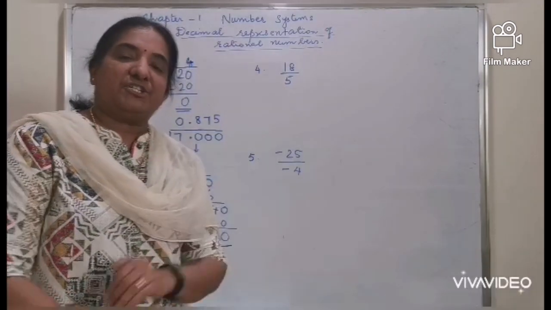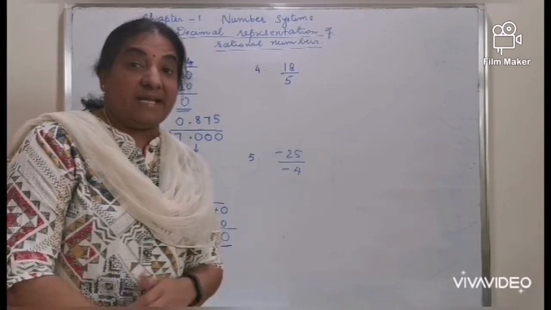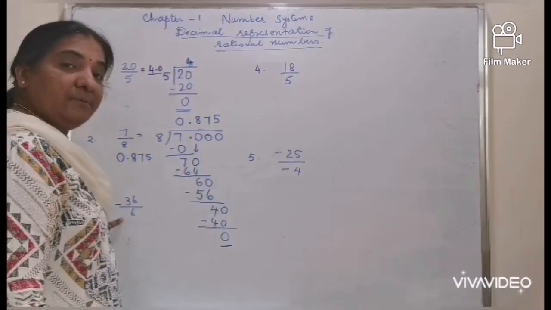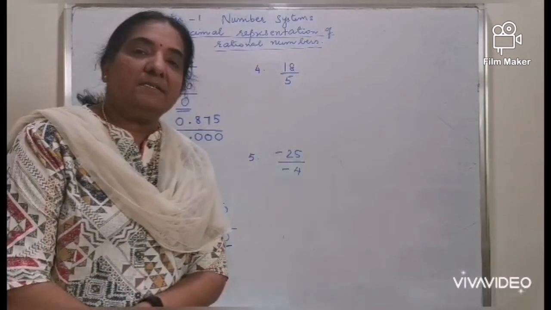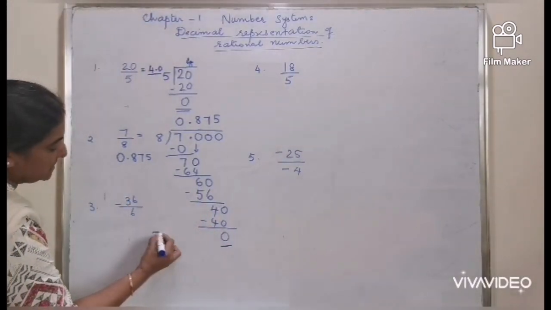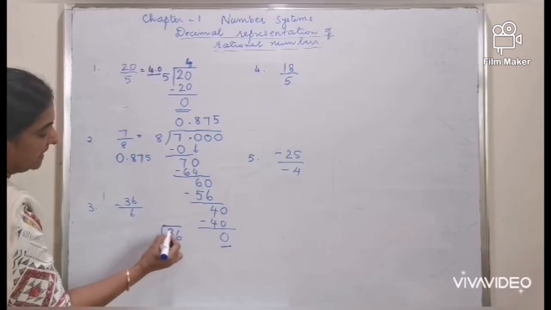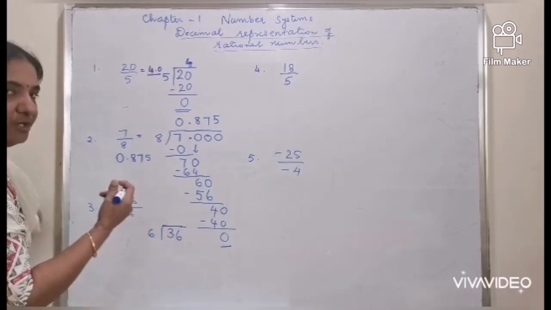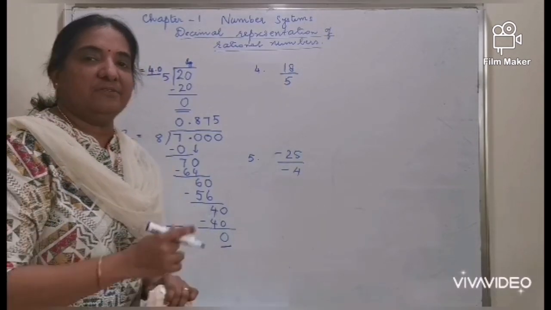In a fraction, the numerator and denominator will be only whole numbers, whereas in a rational number the numerator and denominator can take any integer too. When you look into minus 36 by 6, by division we will take only 36, ignore the symbol. The symbol can be placed after getting the quotient.